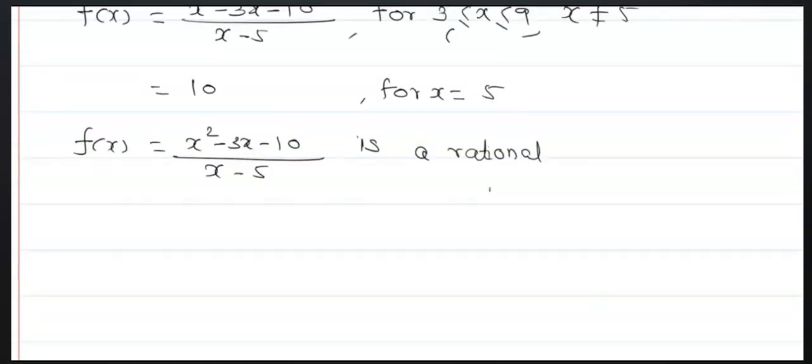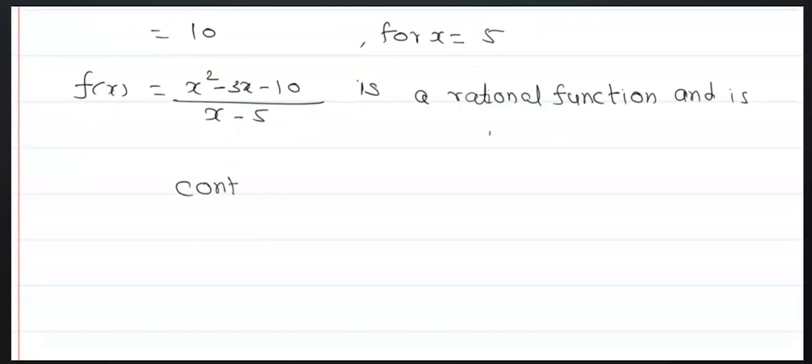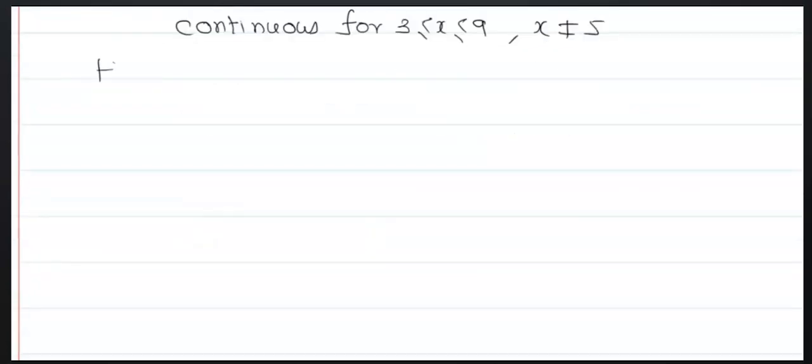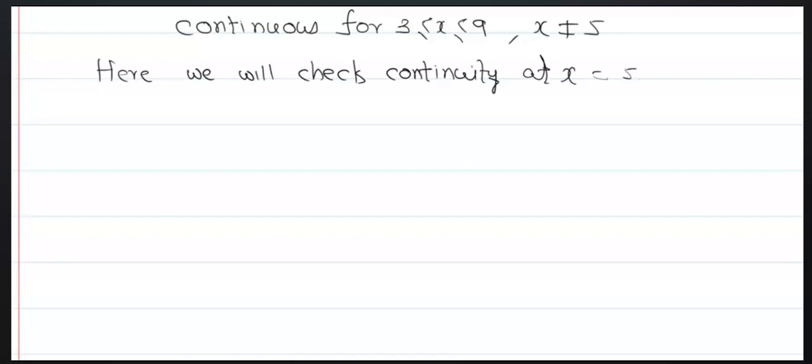This is the rational function, and is continuous for the values of x lying between 3 to 9 and x is not equal to 5. Here we'll check the continuity at x is equal to 5.